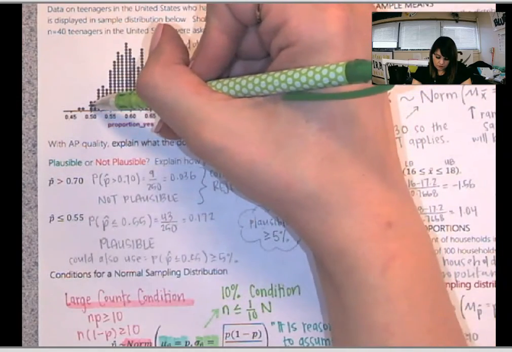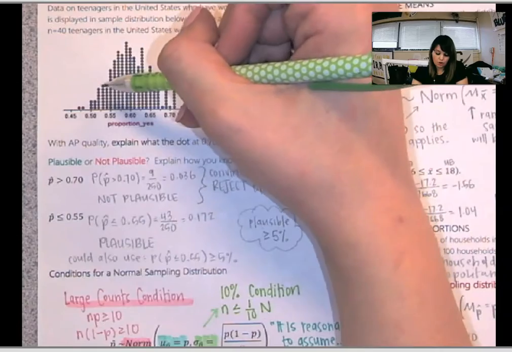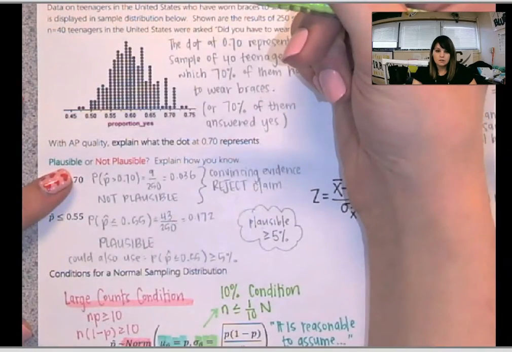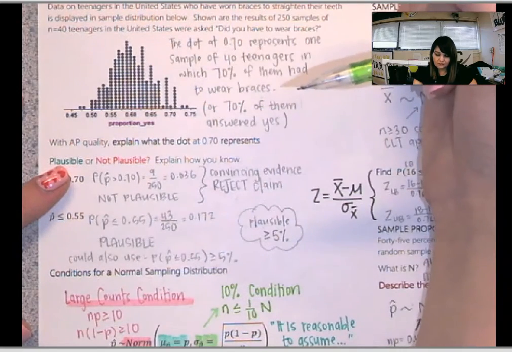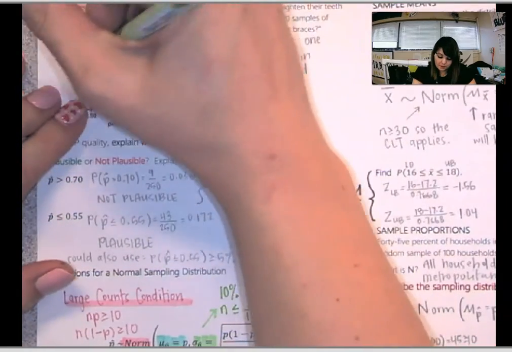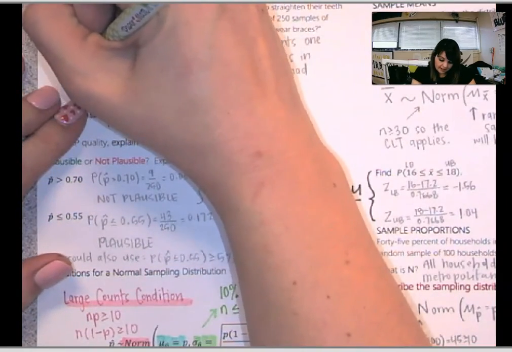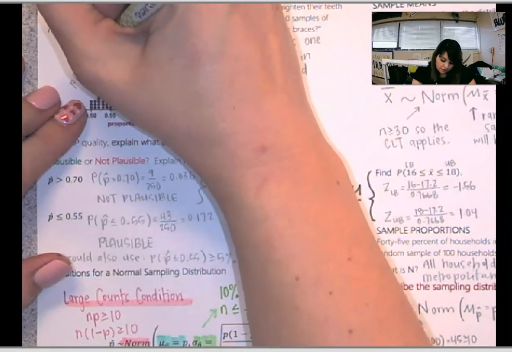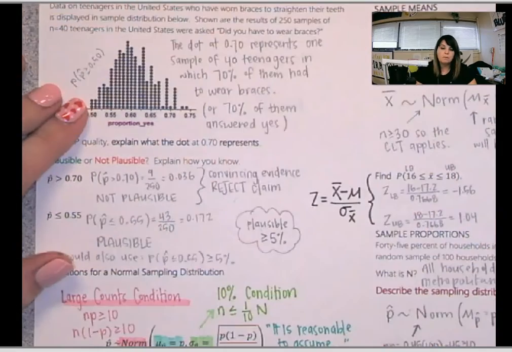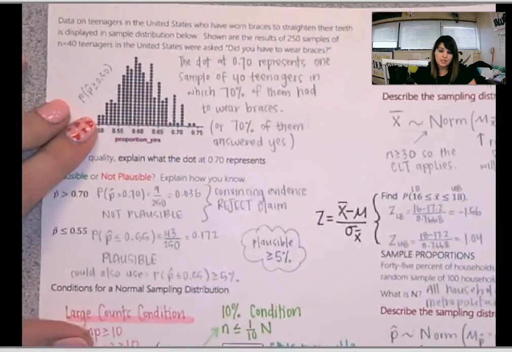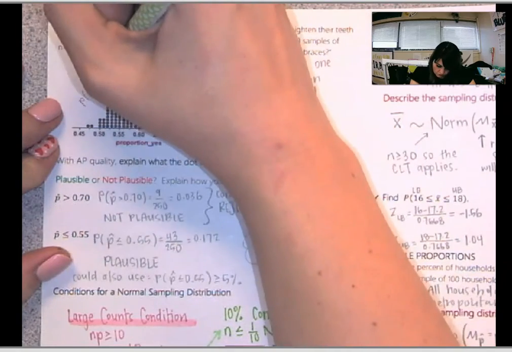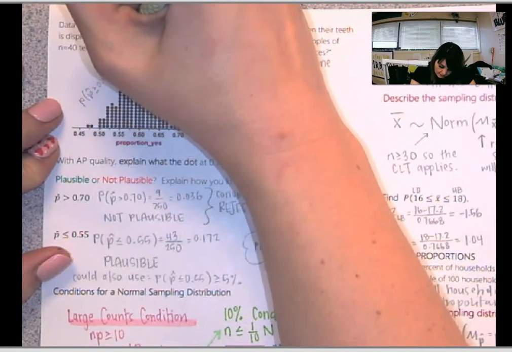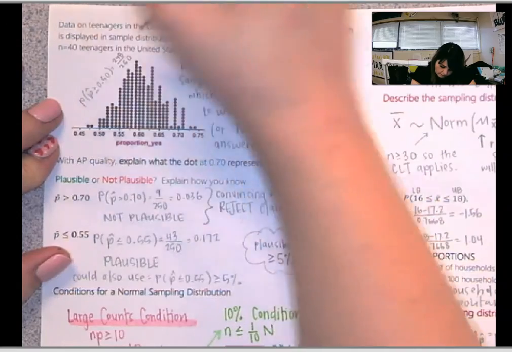So 50% and below is 5 dots. 50% and above is the other 250 dots. So the probability that at least half of the people would need to wear braces at some point is 248 out of 250.